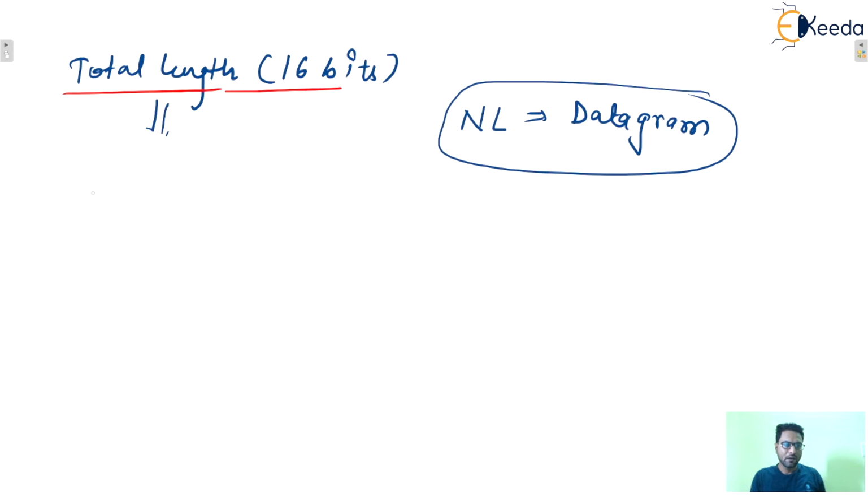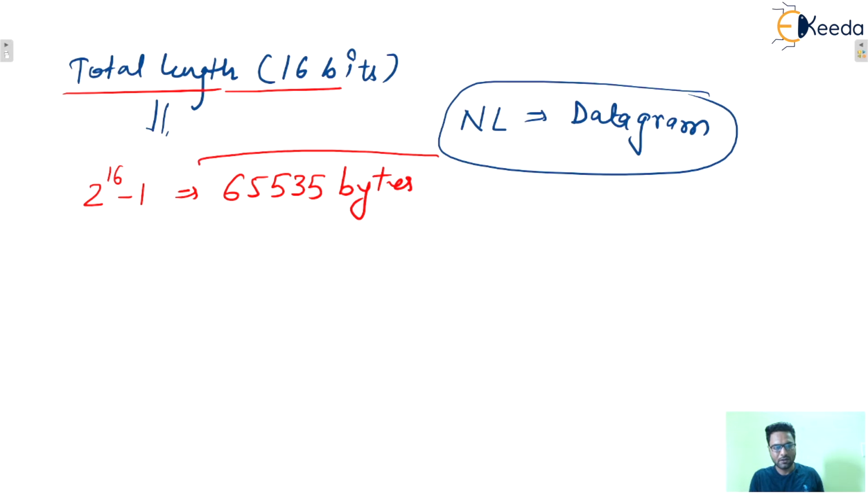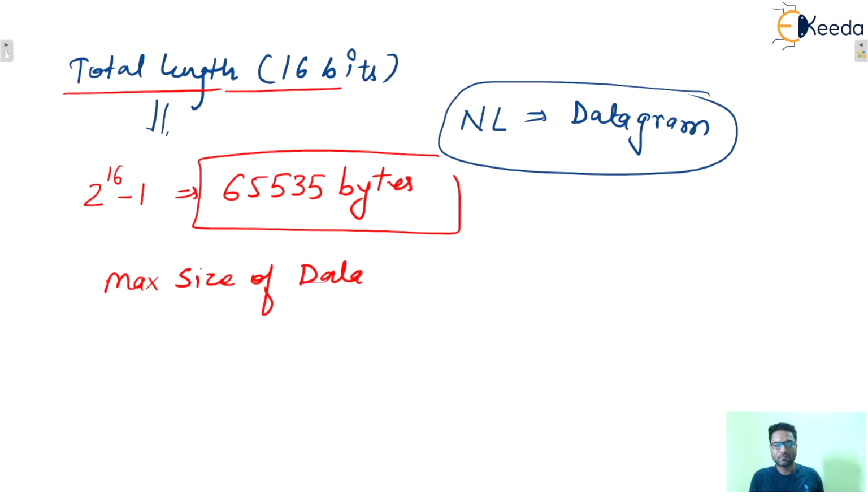The total length field is of 16 bits. Whenever all 16 bits are 1, the equivalent decimal number will be 2 raised to power 16 minus 1, that is 65,535 bytes. So the maximum size of a datagram that is allowed inside the network layer is 65535 bytes.